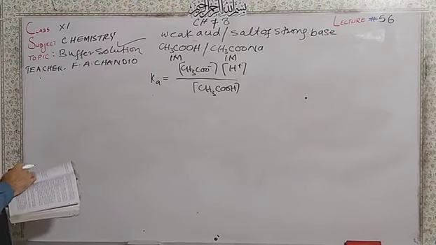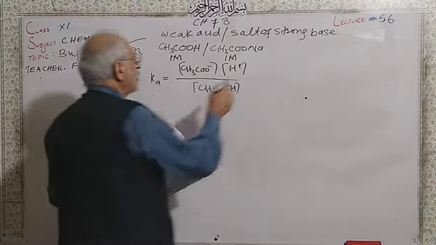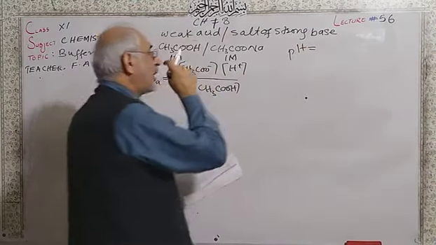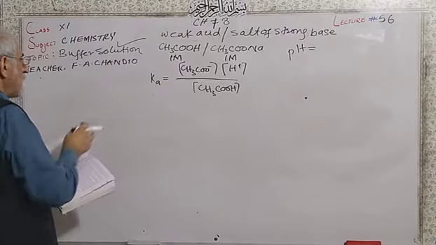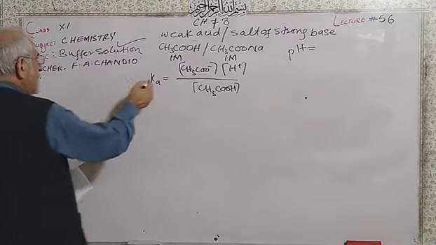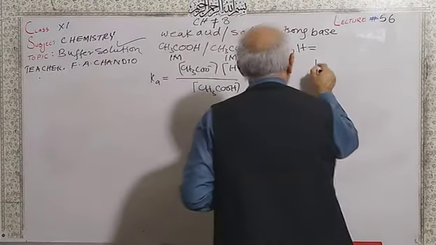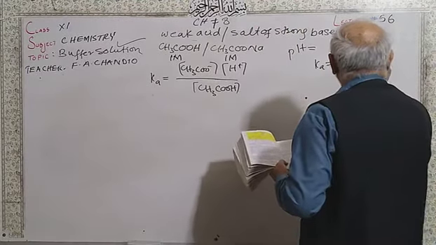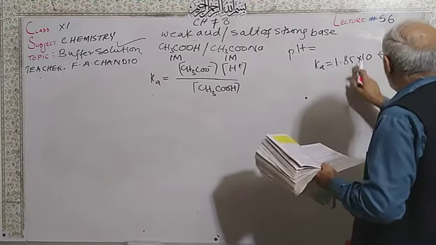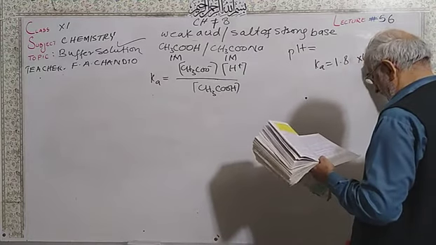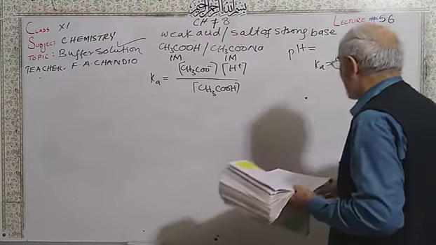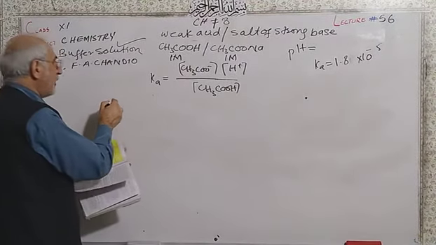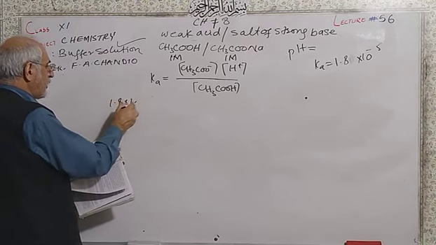This is the formula you have. When you calculate the pH, I should have the hydrogen ion concentration. The Ka value is given for acetic acid. This Ka value is given in the book: 1.85 into 10 raised to the power minus 5. So Ka is 1.8 into 10 raised to the power minus 5.